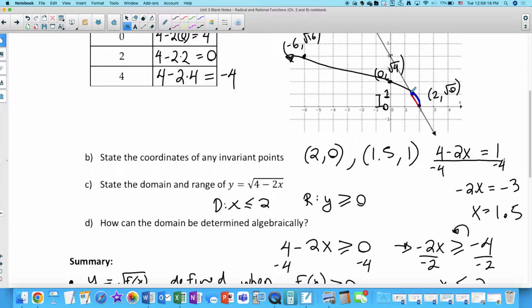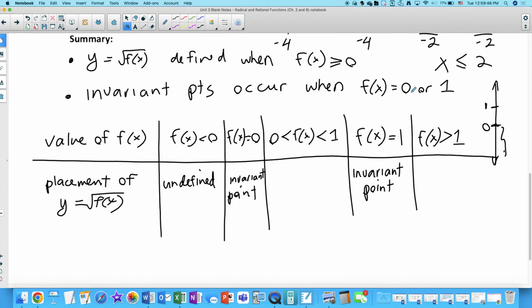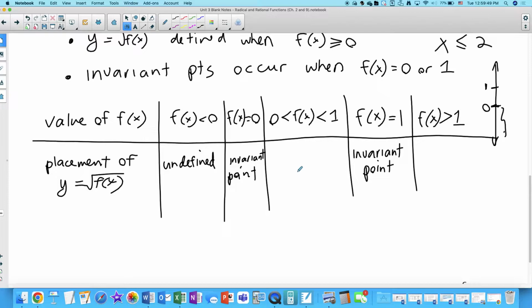How would you compare the two? Is it less than the original? Is it greater than the original? Is it equal to the original? Yeah. So when the value of the original is between 0 and 1, the radical function will be greater than the original one. It'll be above the original one. So this is going to be above f of x.